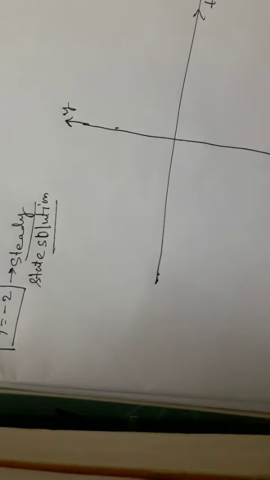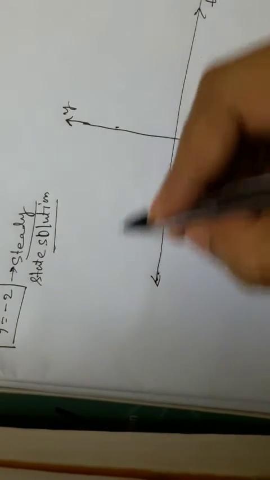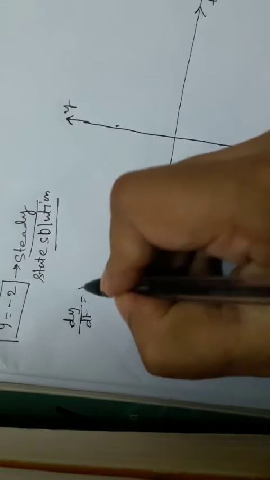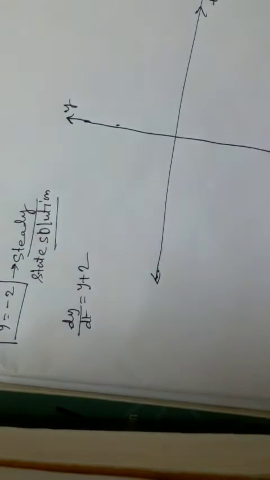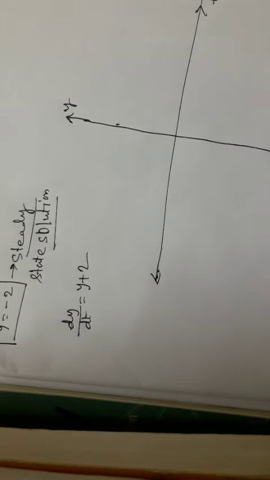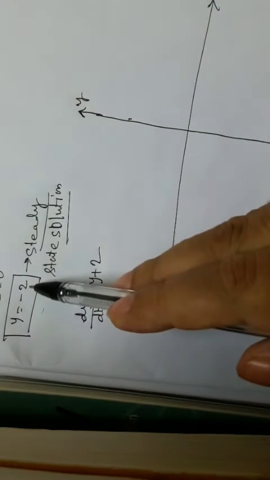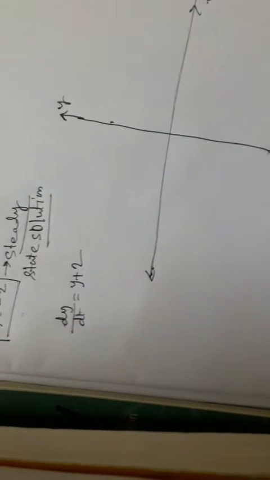This part is negative y, and this part is negative t, and our equation was dy/dt is equal to y plus 2. So the steady state solution is y is equal to minus 2.